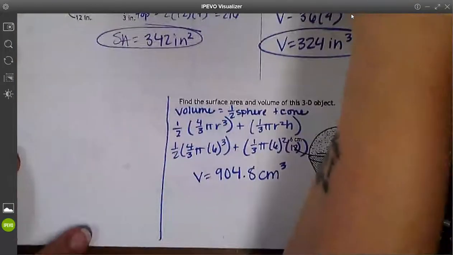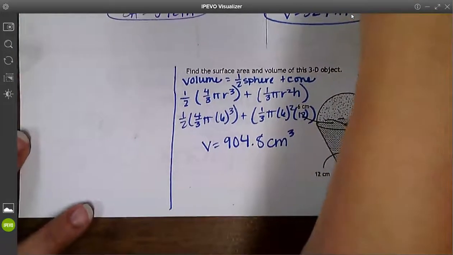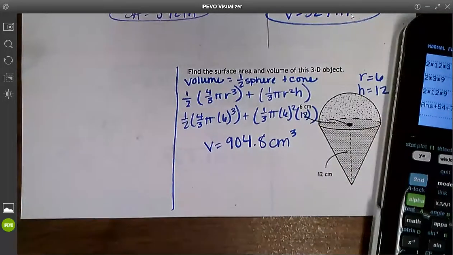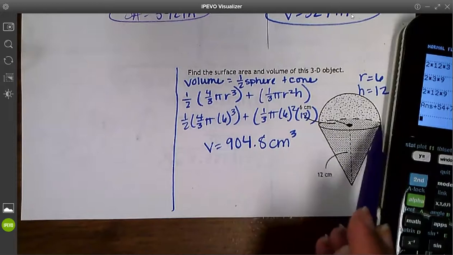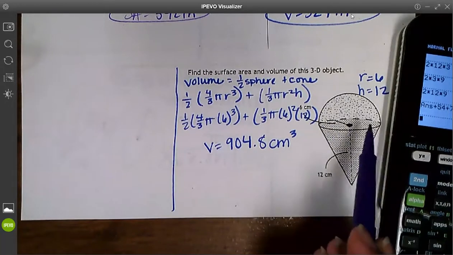Now, the surface area of this one, now these get tricky. The surface area here is going to be the surface area of the cone plus half of the surface area of the sphere. But because those are sitting on top of each other, this circle that would normally be part of the cone will have to be taken away.